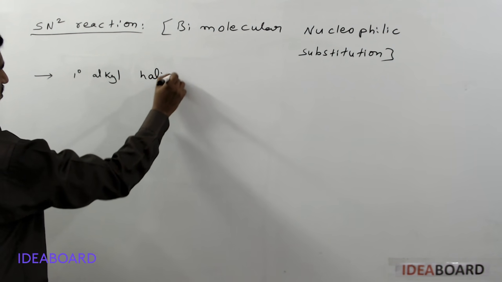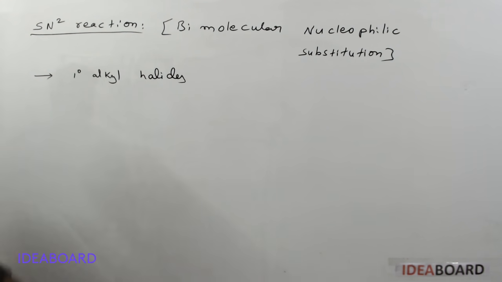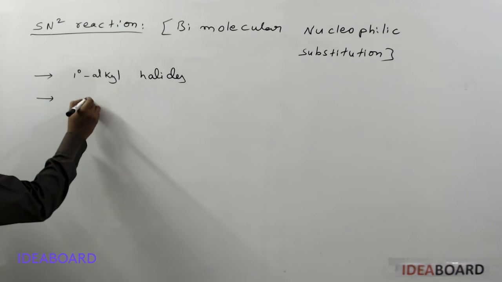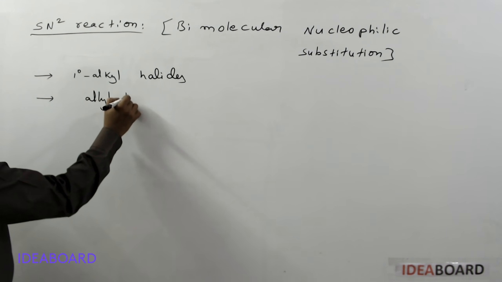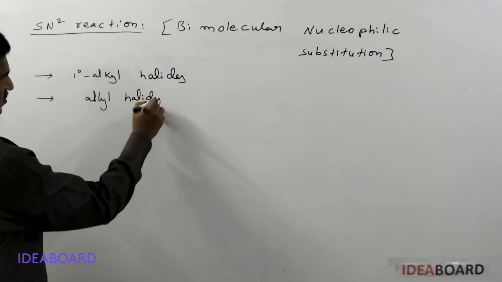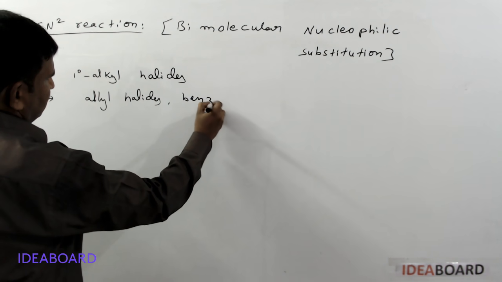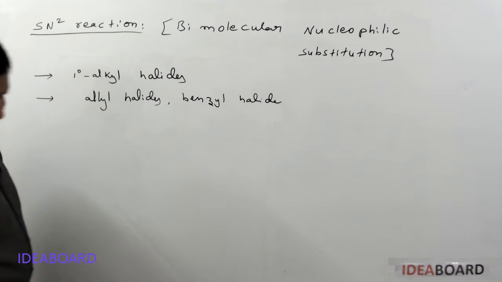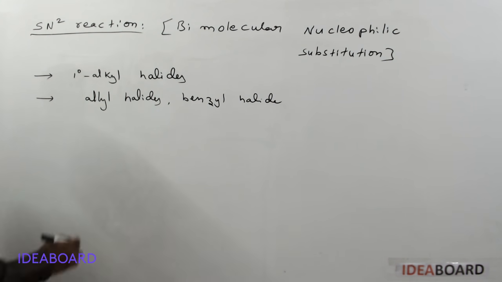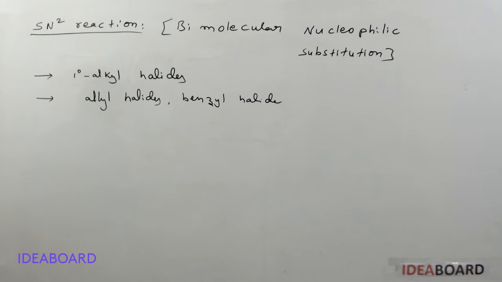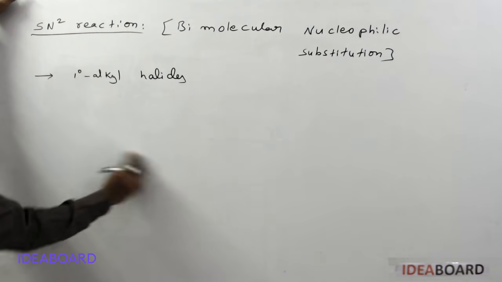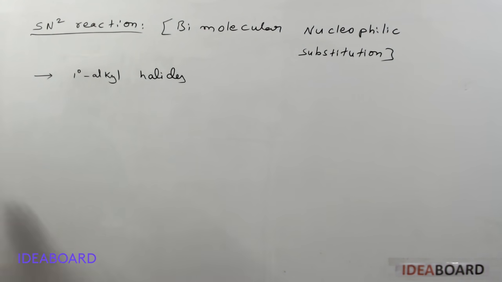It is also shown by allyl halides and benzyl halides, but it is not shown by vinyl halides and aryl halides. Mainly the SN2 mechanism is shown by primary alkyl halides, and we will see the mechanism for SN2 reactions.